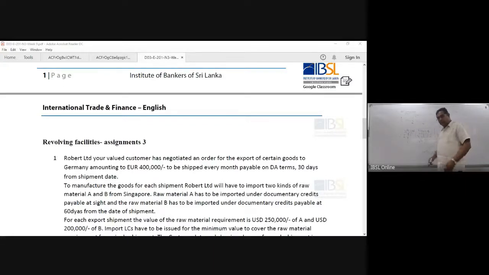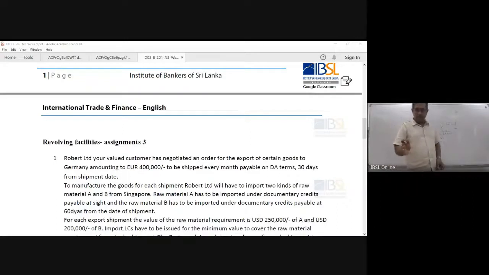Now you take down the next facility, short-term import loan. In the caption itself, you have to say why you are giving the loan: for the purpose of retiring.